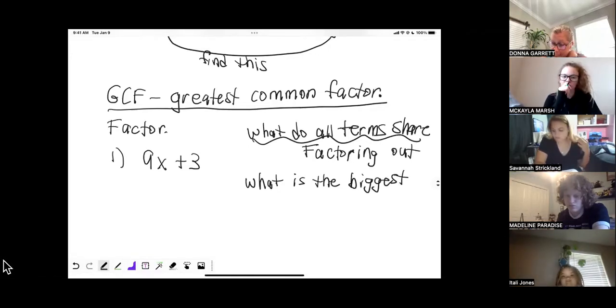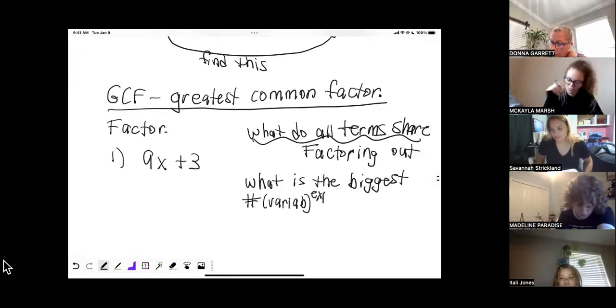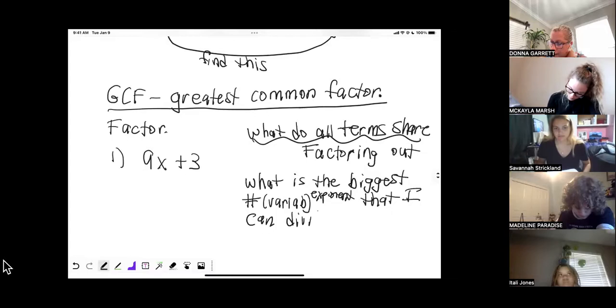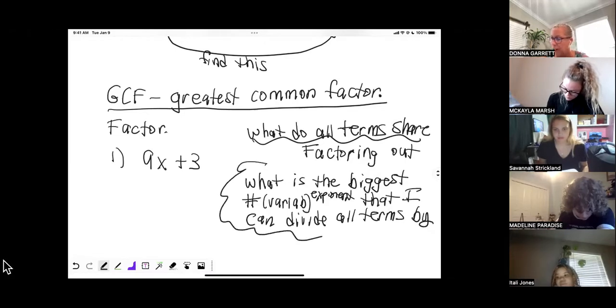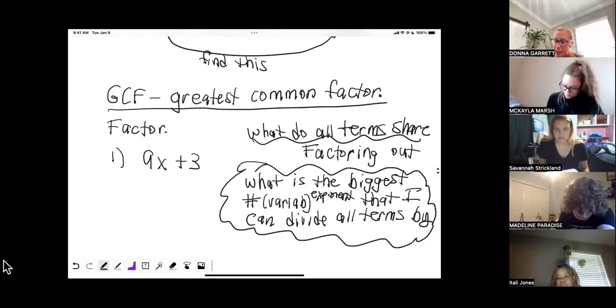What is the biggest number or variable with exponent that I can divide all terms by? That's what you've got to ask yourself.